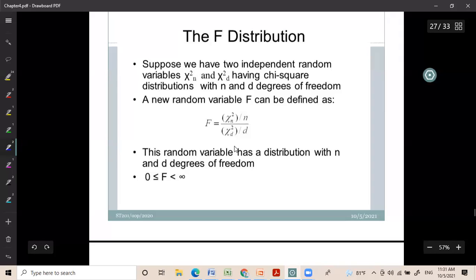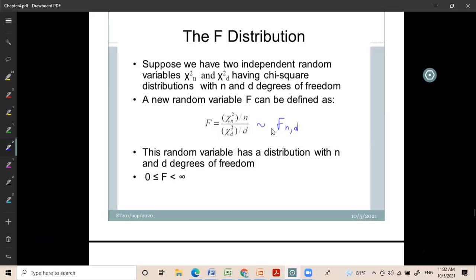When you divide these two, with their corresponding degrees of freedom, you'll end up with the F distribution with two degrees of freedom, n and d.